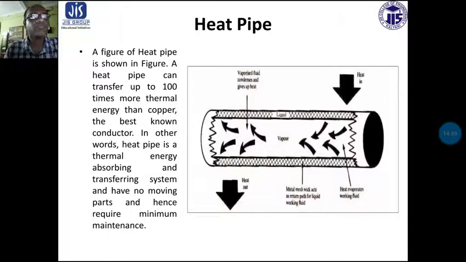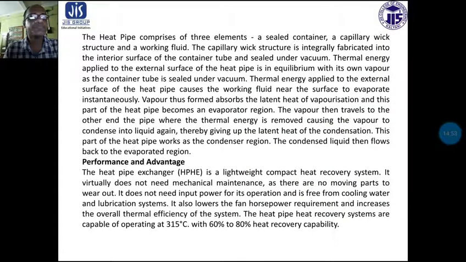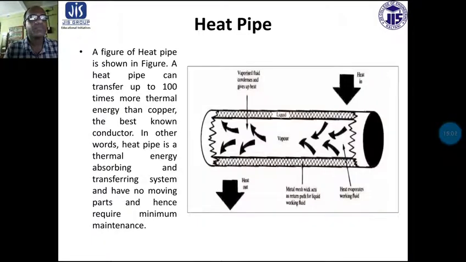Now, how does it work? The heat pipe comprises three elements: a sealed container, a capillary wick structure, and a working fluid.